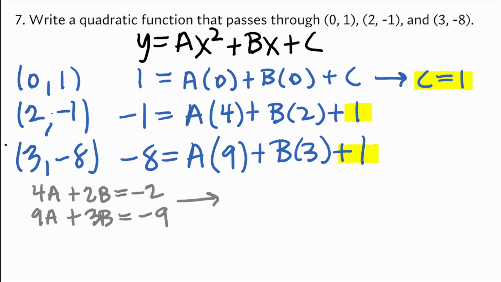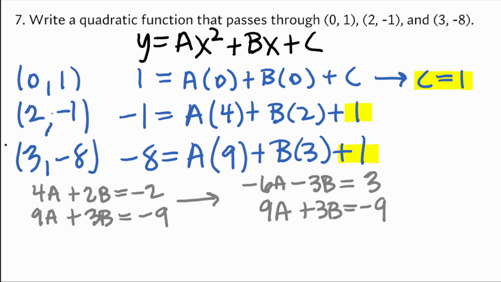So 4 times 1.5 would be 6. So negative 6a minus 3b equals negative 2 times 1.5 would be negative 3, or positive 3. And then I'll have 9a plus 3b equals negative 9. I'm going to add these equations together, and I'll get 3a equals negative 6.